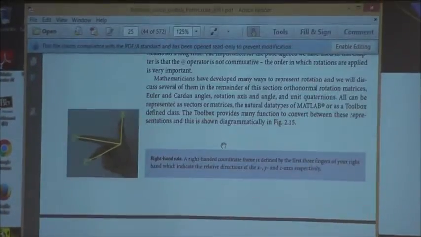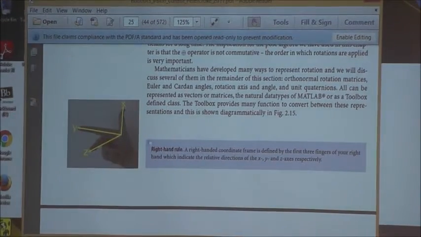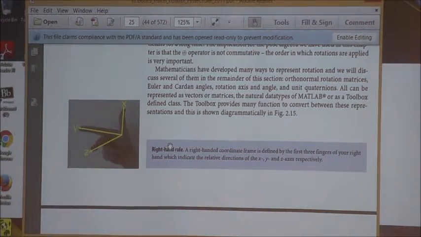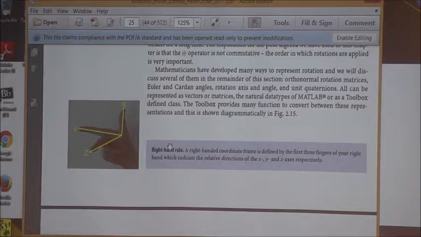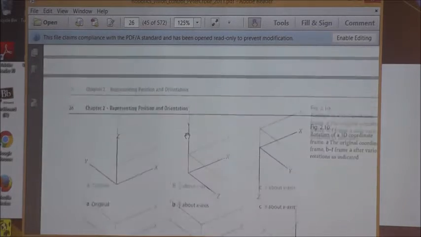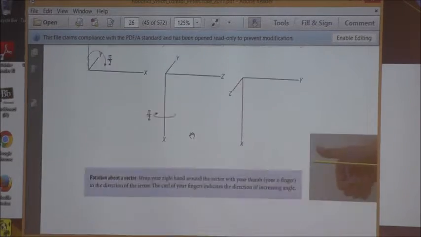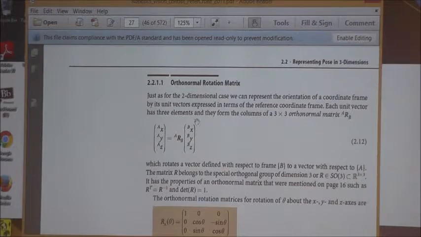This is the right-hand rule I mentioned to you. You have one product with the second rule, the third one will be coming the other direction. All right. Orthonormal rotation matrix.